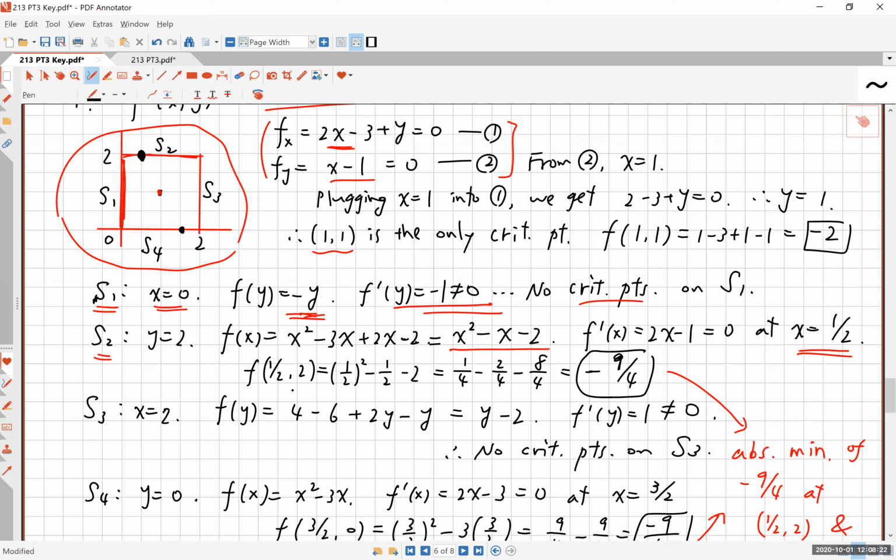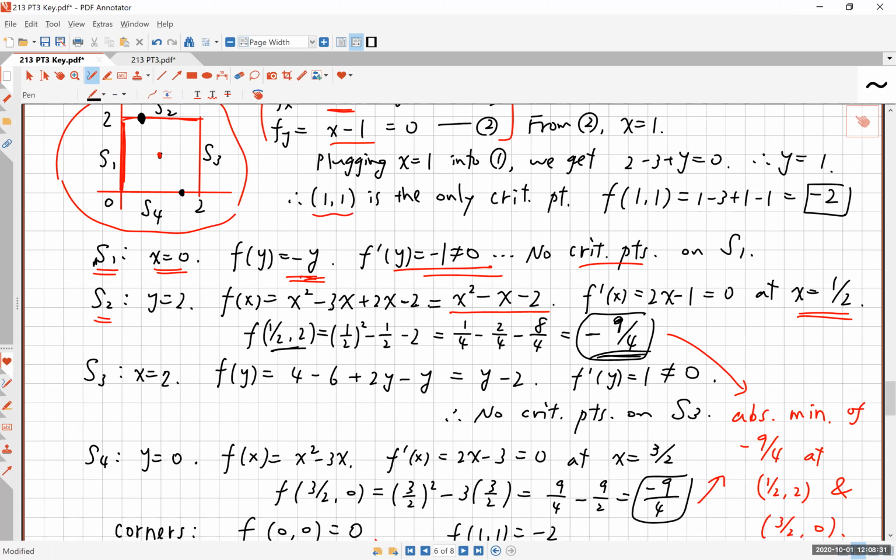So let's go ahead and evaluate the function at that point here, and you get negative 9/4. Okay, all you have to do is to plug in 1/2 for x and 2 for y. Now S3, S4, you do the same kind of thing. S3 is the edge where every single point has x equal to 2, and then you find your equation f of y.